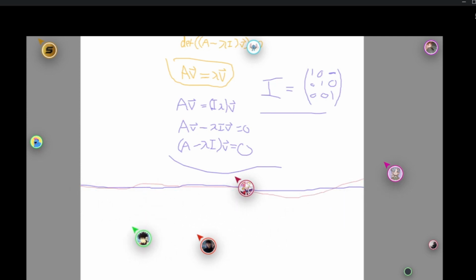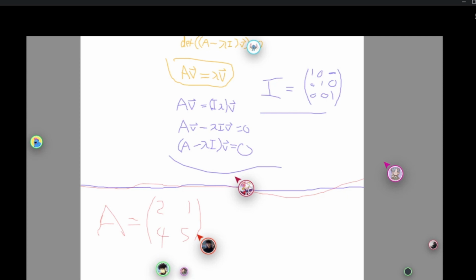Alright, now for the matrix. Let's set A to be this matrix we're going to figure out. It will be 2, 1, 4, 5. Okay, simple.